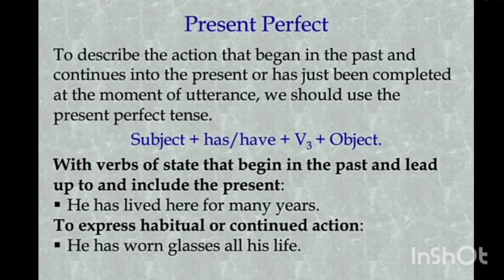For example, he has lived here for many years. Though he started living here many years back, he is still living here. Now the next is to express habitual or continued action: he has worn glasses all his life.